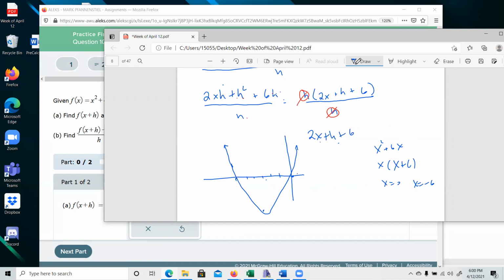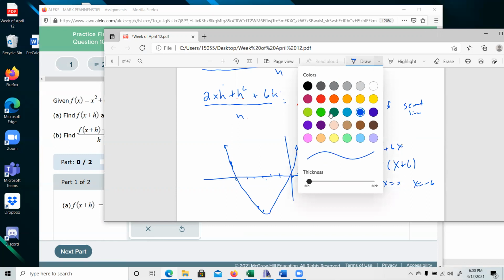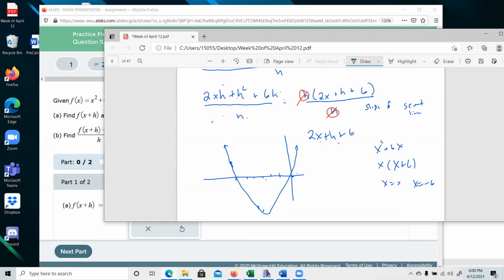So what we're trying to do is, this is telling us the slope of the secant line. So I'm going to give you an x, and I'm going to give you a step, h. The x and the h are going to give you 2 points. And we just did this, right? We said, oh, you have 2 points.